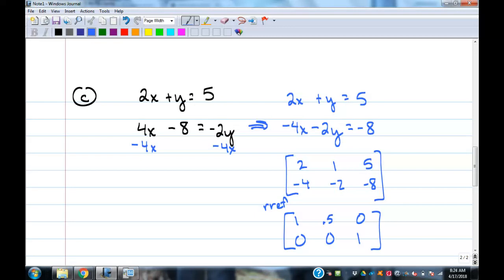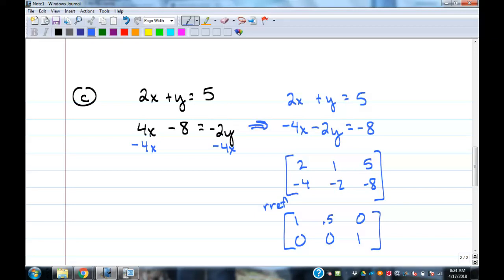What would this one be? 0x plus 0y equals, what's 0x? 0 times x, no matter what x is, is 0. 0 times y is 0. 0 plus 0 is 0, over 1. So this line right here tells us that that is a no solution problem.